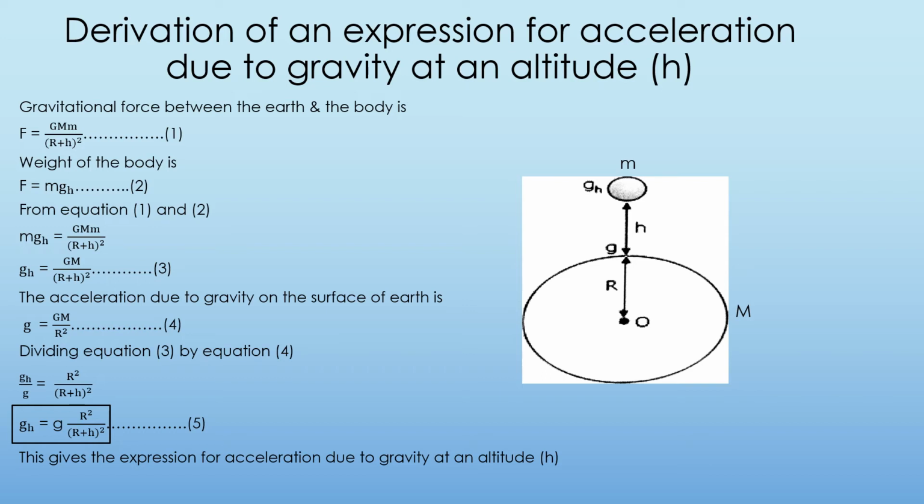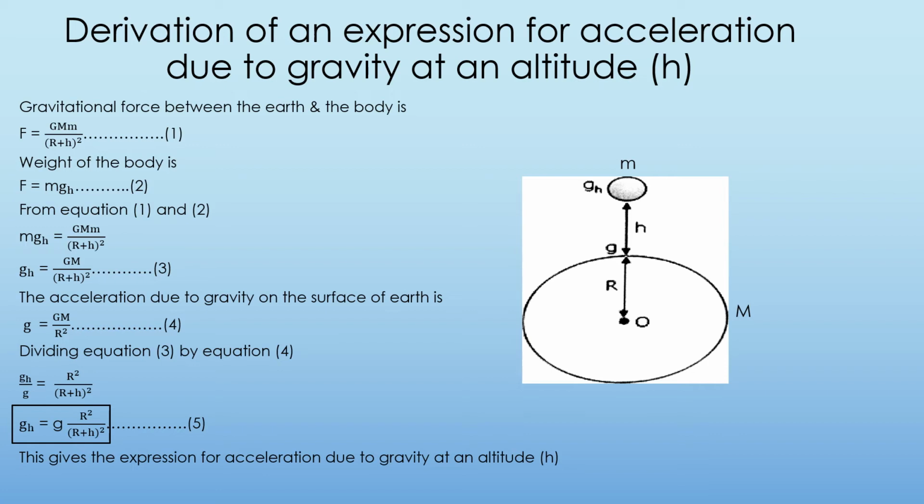Now, the gravitational force between the earth and the body is F equal to G M m divided by R plus h whole square. G is the gravitational constant, M is the mass of the earth and m is the mass of the body.